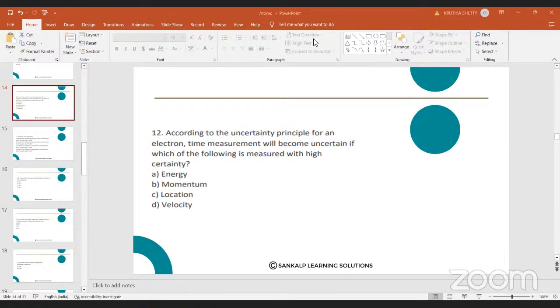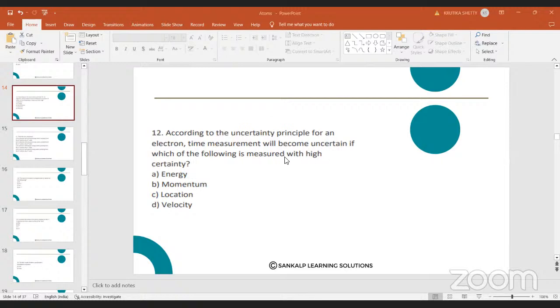Can anyone tell me who proposed this uncertainty principle? Name a scientist who proposed it. Yes, Heisenberg proposed this uncertainty principle.